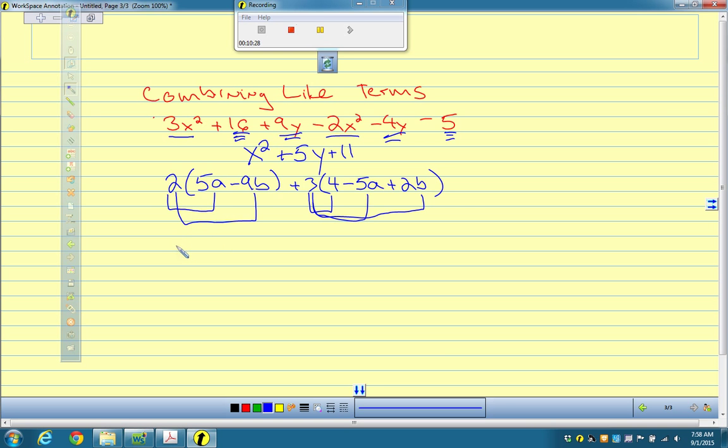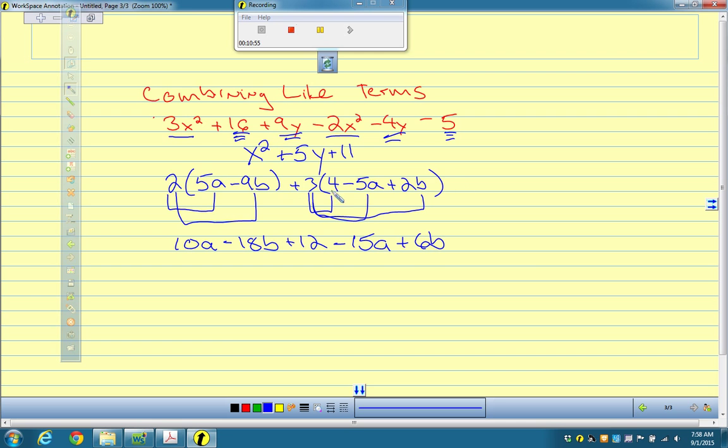Very good. So we got 10a, 2 times negative 9b, negative 18b. 3 times 4 makes 12. 3 times negative 5 makes negative 15a. And 3 times 2b makes 6b.